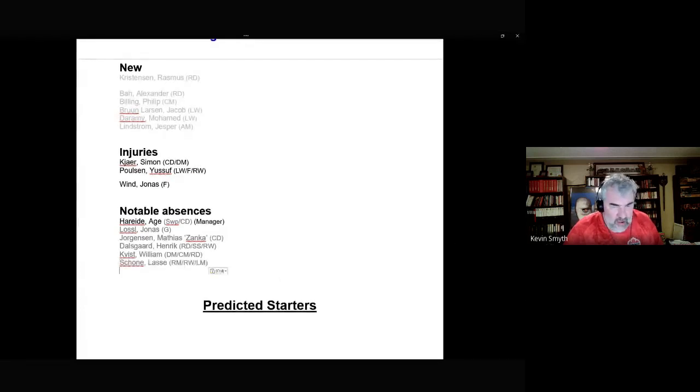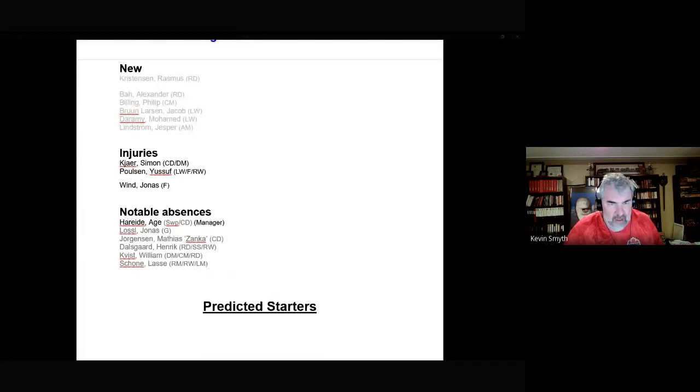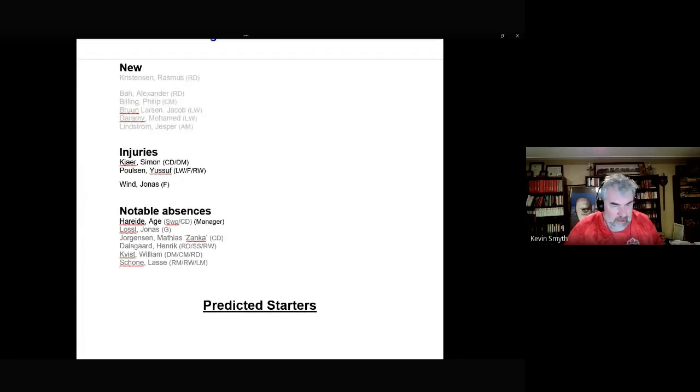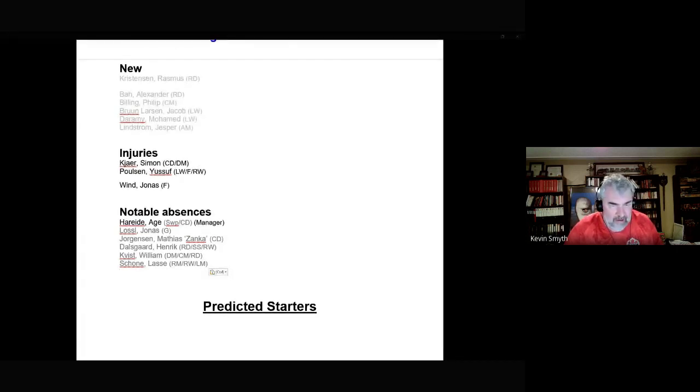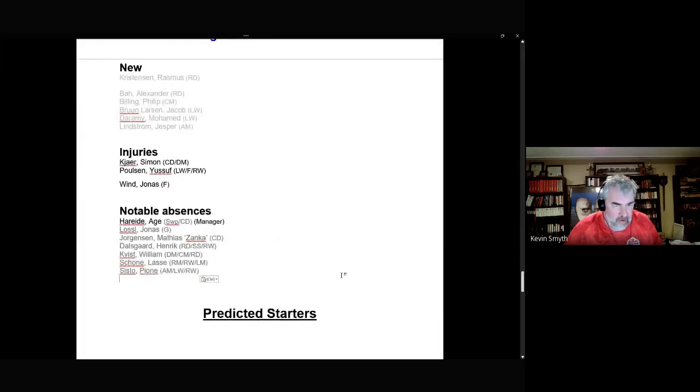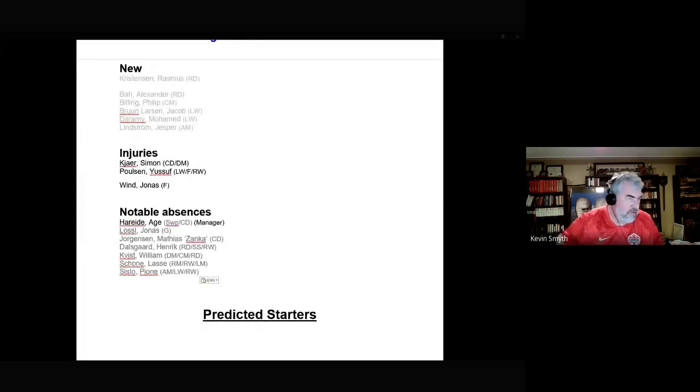Lasse Schone, with Denmark from 2009 to 2021 with 51 caps, but he last appeared in March 2021. So he was on the World Cup squad in 2018, but not in the Euro 2020 squad. And we did talk about Pione Sisto, who we actually have as a possible but unlikely candidate for this cup.